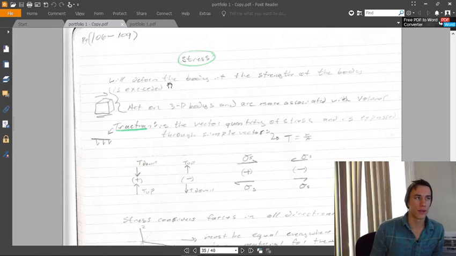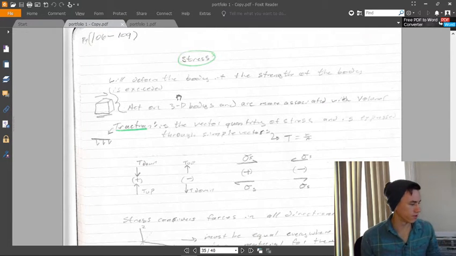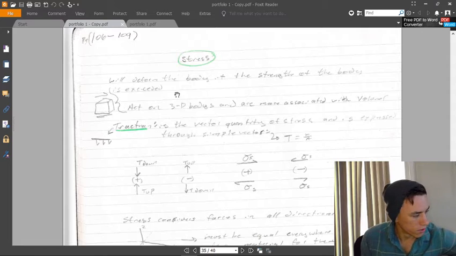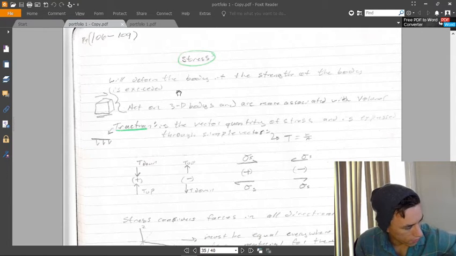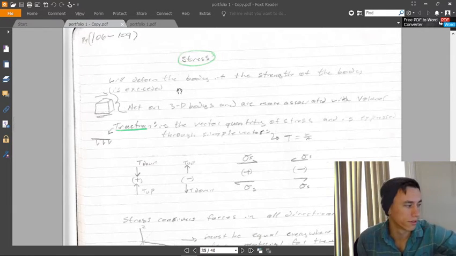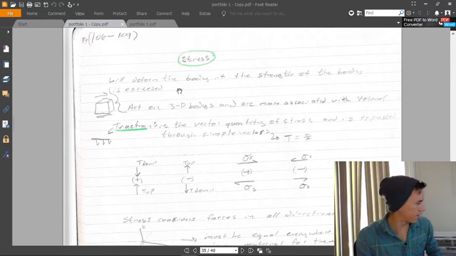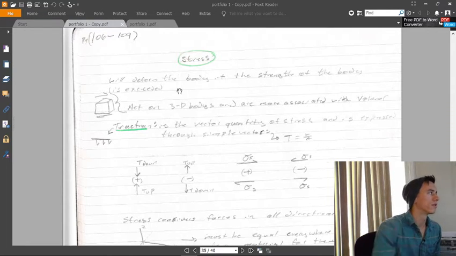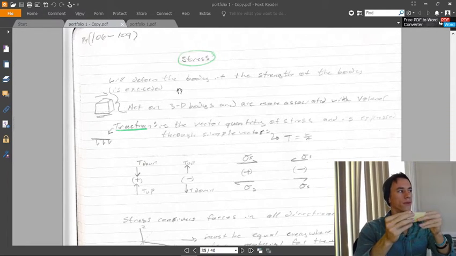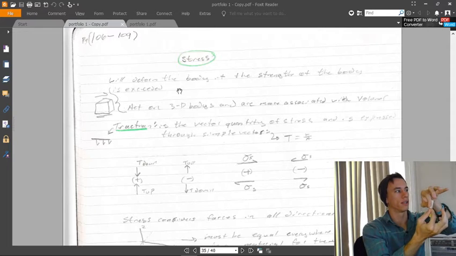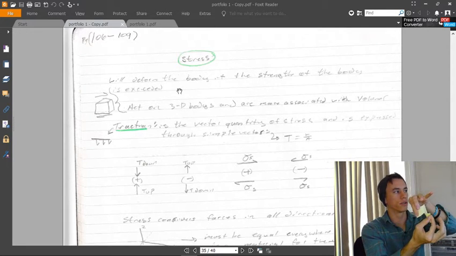Stress will deform the body if the strength of the body is exceeded. I'll use stuff on my desk as an example. The strength of a body is like a sheet of paper: the amount of force it takes to cause it to rip.